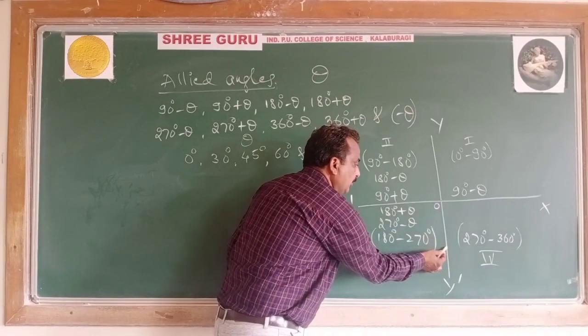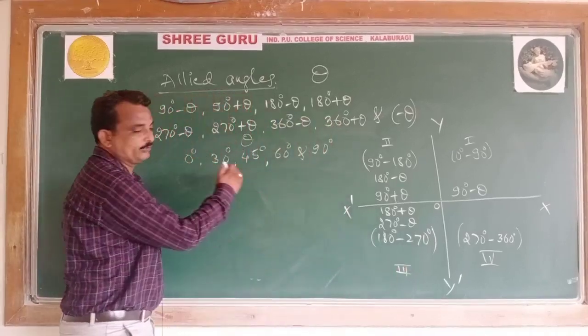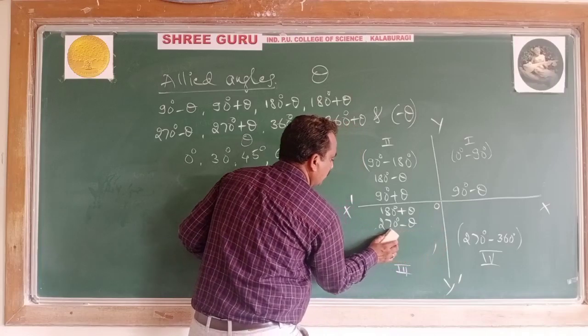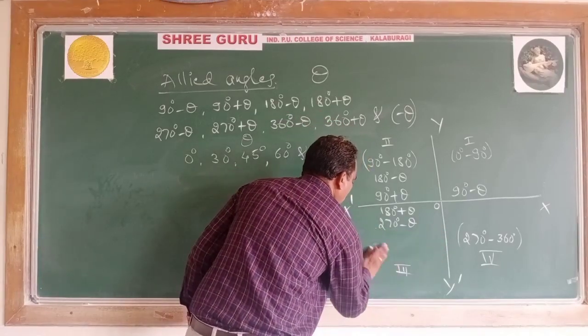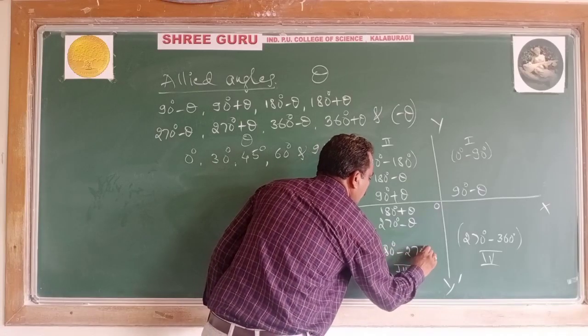You know 180 to 270, which quadrant is it? The third quadrant. Clear to all of you, students? Yes. Now this is 180 to 270 degrees.